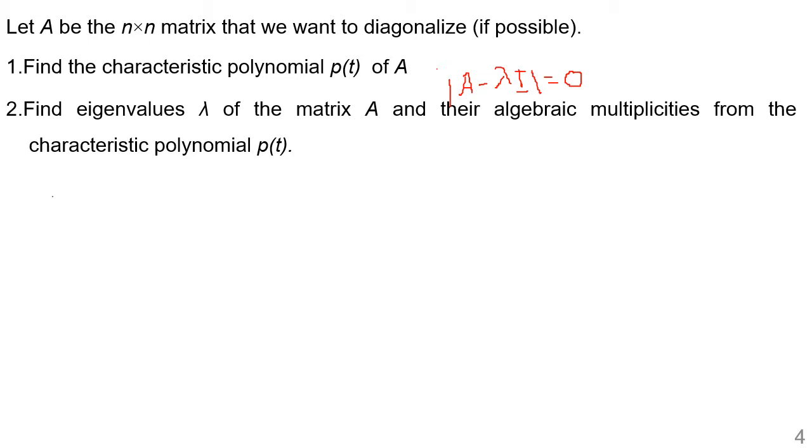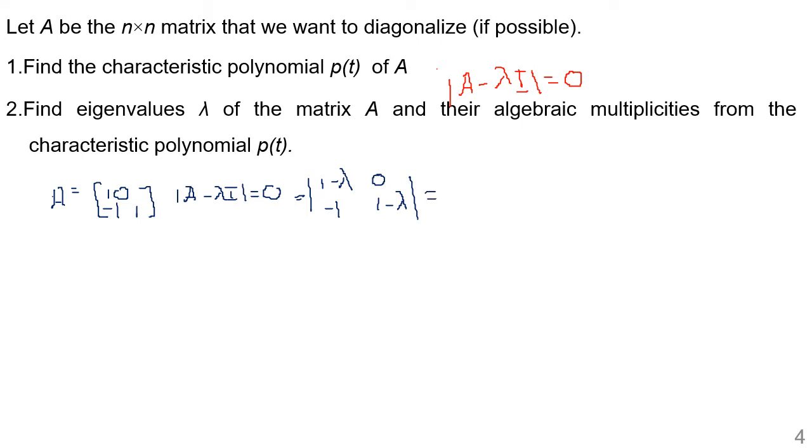Consider a matrix A. Let the matrix be 1, 0, minus 1, 1. Let us get the characteristic polynomial, determinant of A minus lambda I equal to 0. This is given by 1 minus lambda, 0, minus 1, 1 minus lambda.